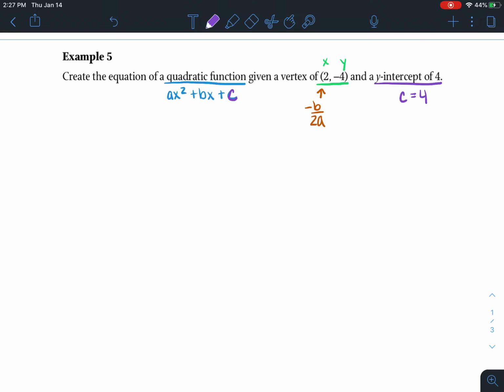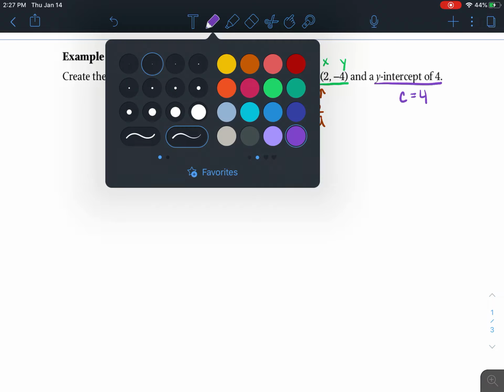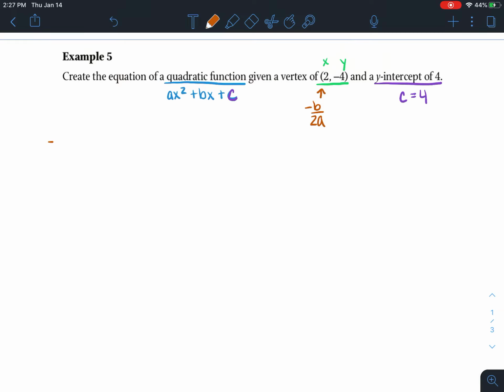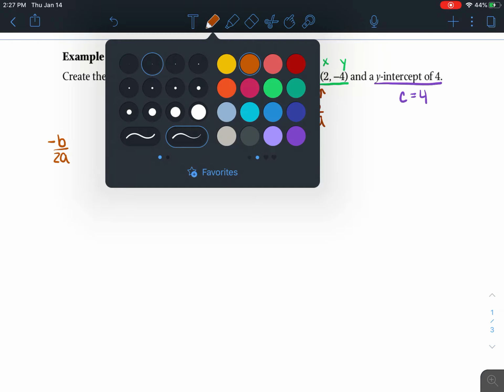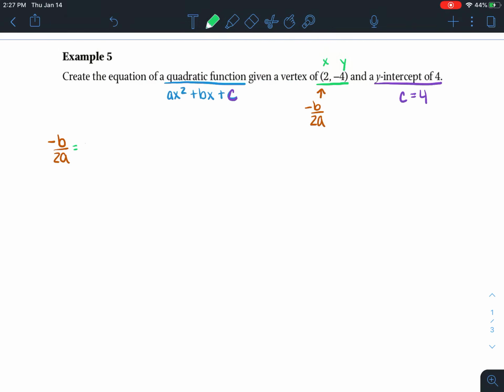So the first step we're going to do is use that value of 2 from our vertex and the equation we know to find the vertex and find some values. So if we know -b over 2a is going to give us the value of 2, we're going to use this equation, work our way backwards, and find something to plug in for b.